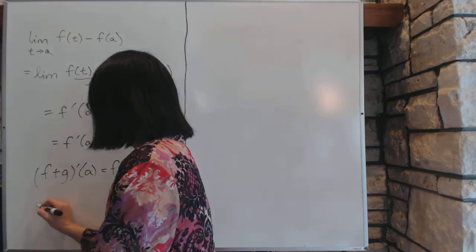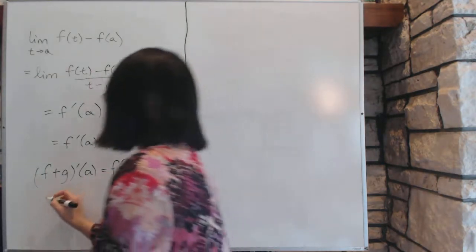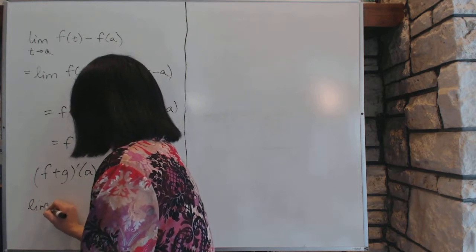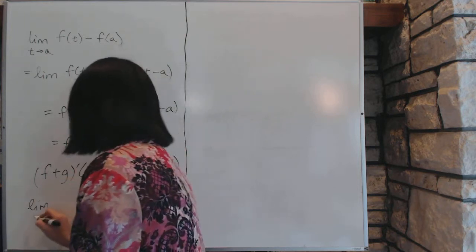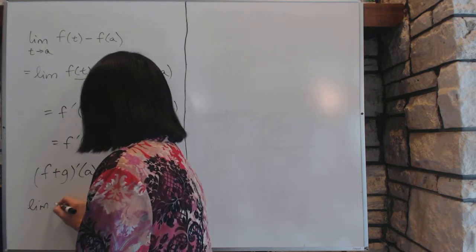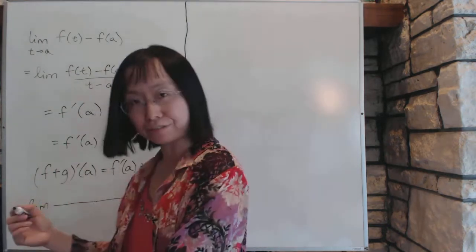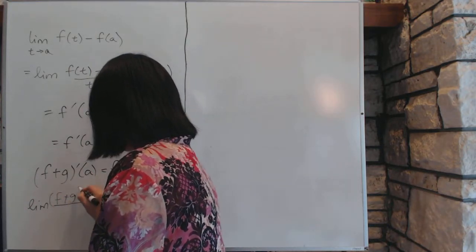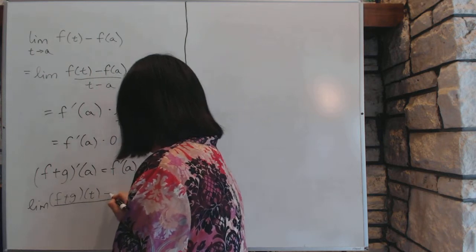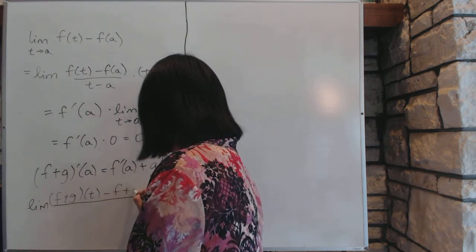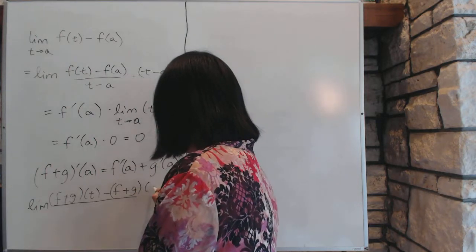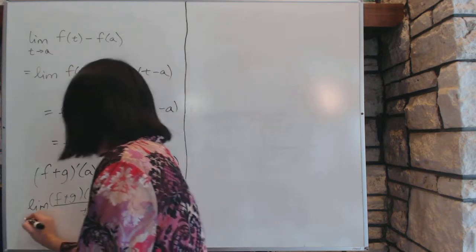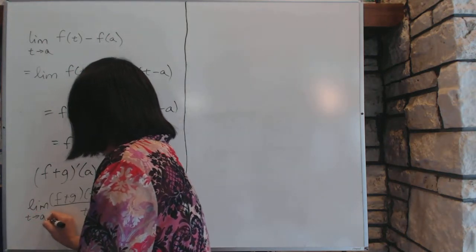You just go back to the definition, which states that the derivative of two functions added together, f plus g, of a function, say t, minus f plus g of a, divided by t minus a, as t approaches a.